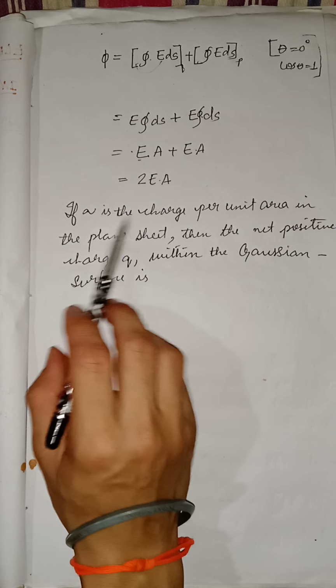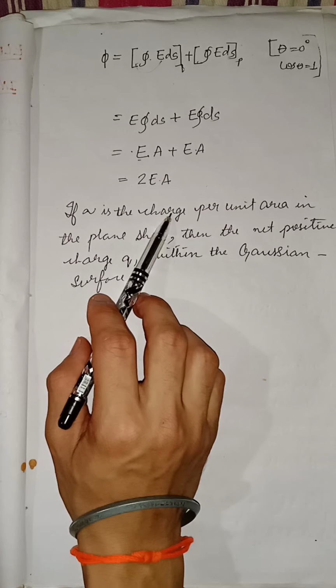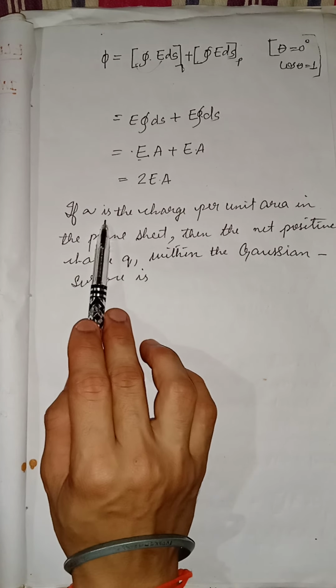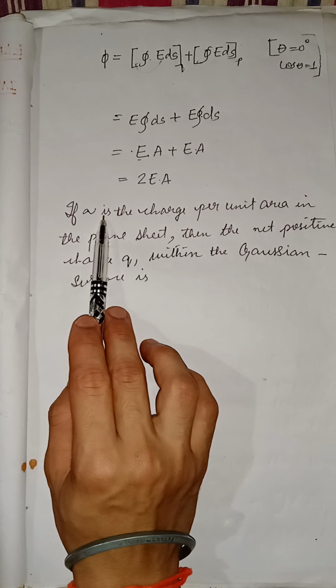Now look here, if sigma is the charge density, since in the consideration part let us consider sigma to be the surface charge density, isn't it?